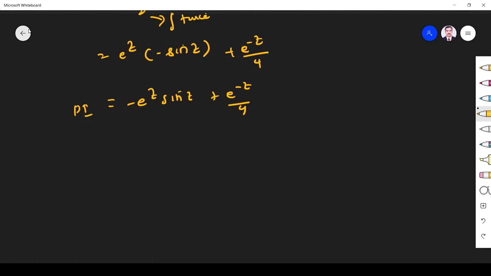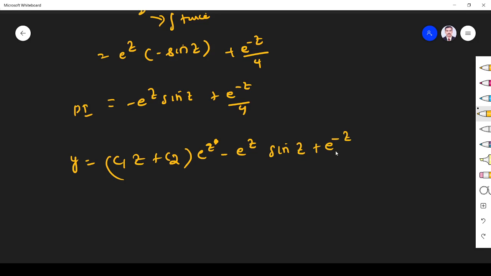So y is equal to CF plus PI. Fine. CF we know: (c1 z plus c2) e power z, minus e power z sine z plus e power minus z by 4.